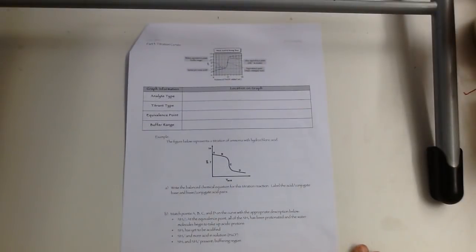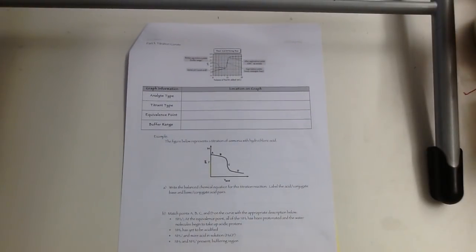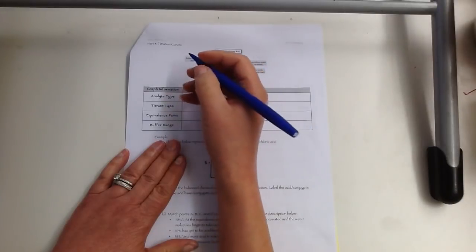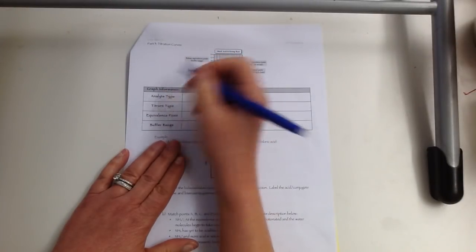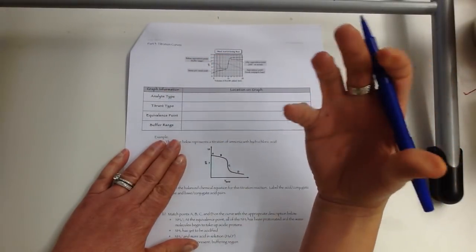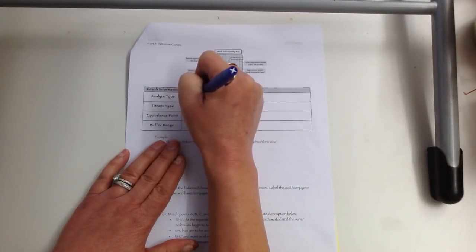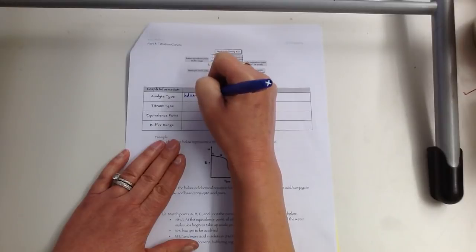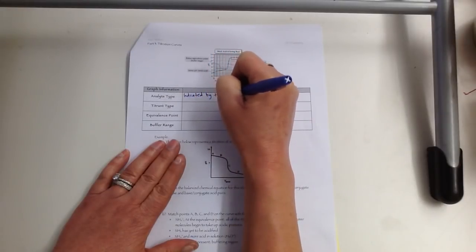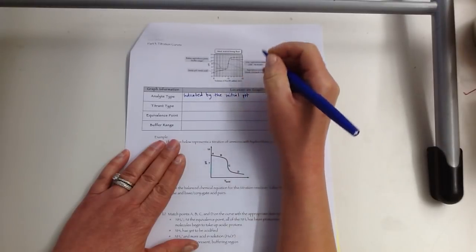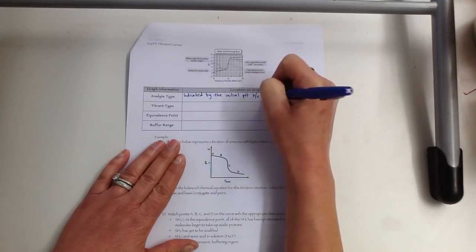Part 3, titration curves. And you guys are going to be making titration curves of your data from the lab. So let me tell you a couple quick things about the titration curves. Firstly, the analyte type: is your analyte an acid or a base? This is going to be indicated by the initial pH, because there's no titrant added yet.